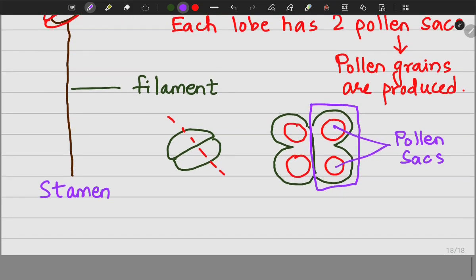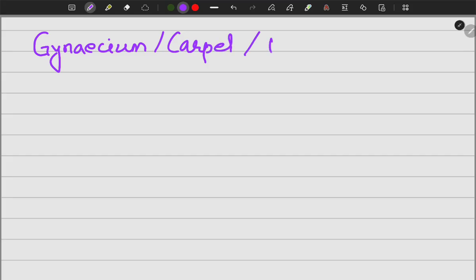Now let us look at the gynoecium, or carpel or pistil. So the female reproductive organ of the plant looks somewhat like this.